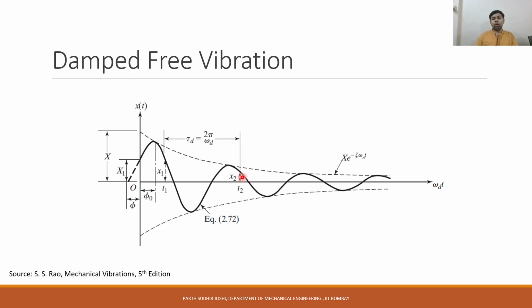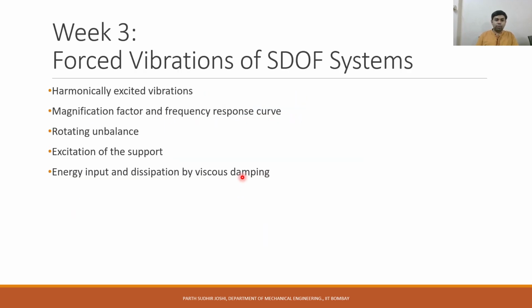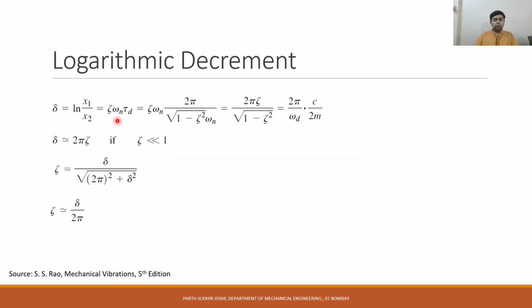Theoretically, this ratio works out to be zeta omega n into tau d, which is the time period. So it can be expressed in terms of the damping ratio zeta only. And if zeta is very small, then this logarithmic decrement is approximately equal to 2 pi into zeta. So basically using this logarithmic decrement, we can calculate the damping ratio.